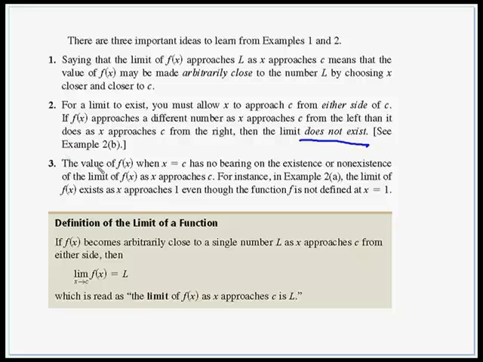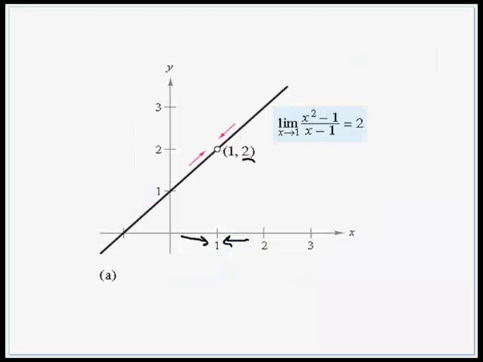And the third idea, the value of the function f of x when x is c does not have a bearing on the existence or non-existence of the limit as x approaches c. For instance, in example 2a, the limit of f of x approaches 1 even though the function was not defined. That's where we had a hole in the graph. Here was our hole in the graph.